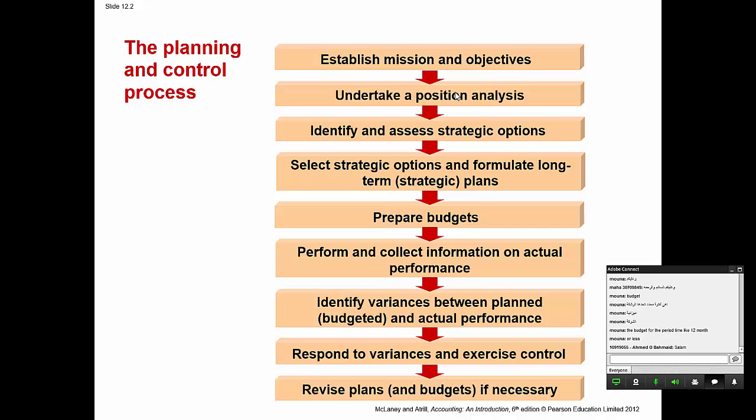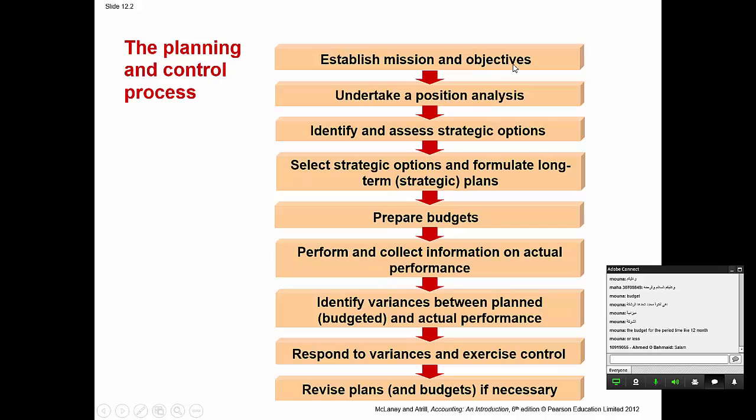Okay, then we execute these plans and check the actual performance, what we are exactly doing at this time to reach our objectives, and at the same time we perform control over the actual performance.